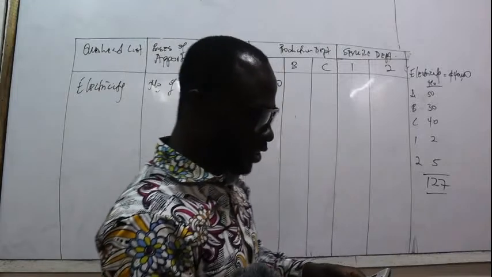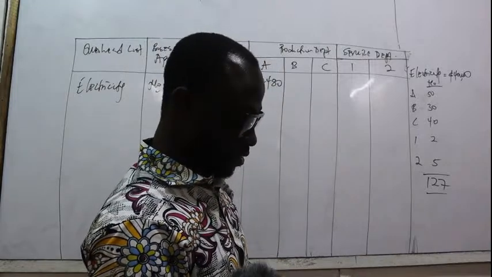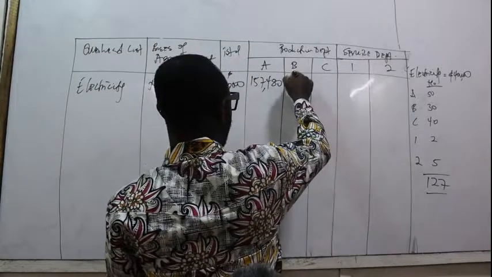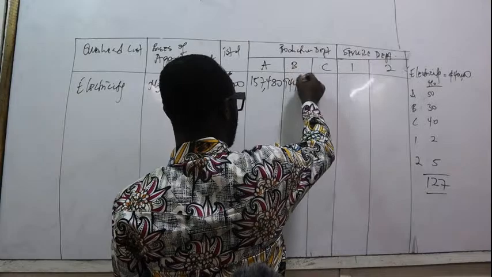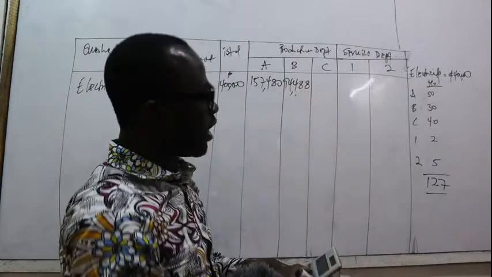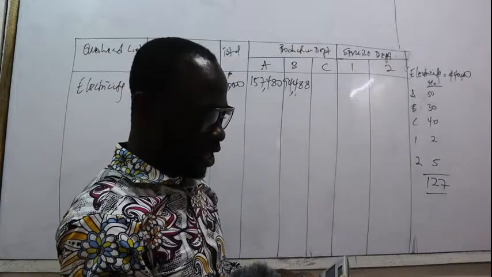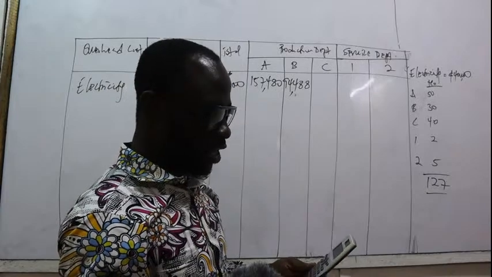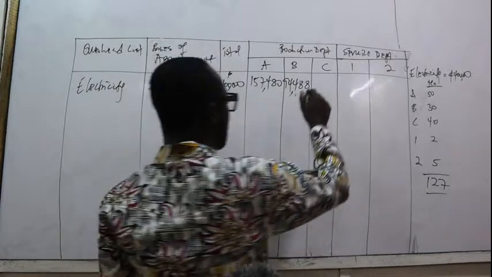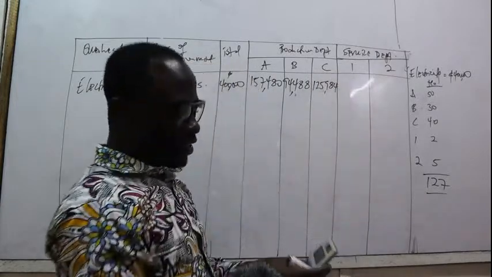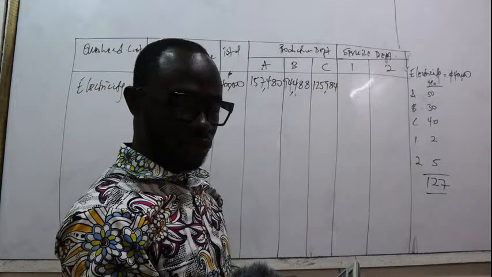That is going to be 157,480. And then we go to the next one, 30, and that is going to be 94,488. I'm working to the nearest thousand. Then we go to 40, and 40 is going to be 125,984. Then service department 1 would take 2.